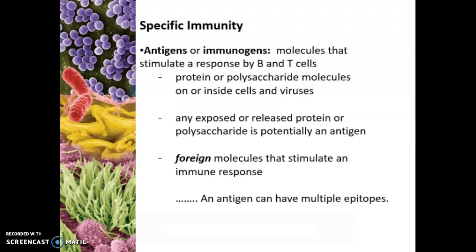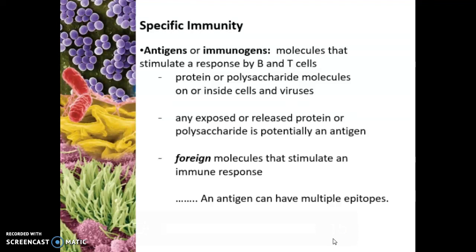So, with an antigen, all right, antigens are going to be these whole proteins, these whole polysaccharide molecules, and within a protein there can be different parts. If you remember that proteins are made up of individual amino acids strung together through peptide bonds, a section of that strip of amino acids is its own epitope. So the epitope is just kind of like the fingerprint. You have a handprint.